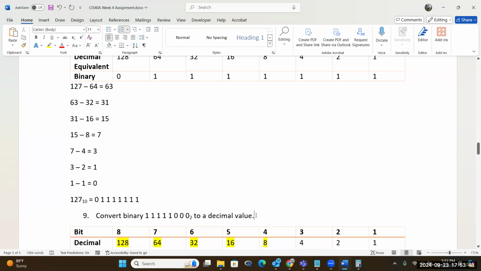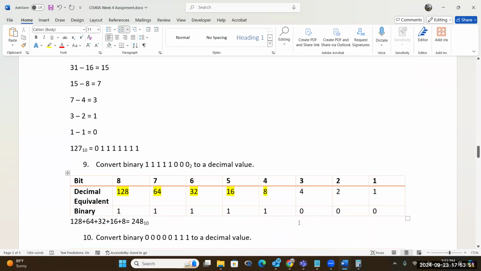Okay. So you start with the same scale. But when you go from decimal to binary, we subtract, and when you're going from binary to decimal, we add. So you start with the same scale that's multiples of 2, starting from the right, which is 1. Then you put the binary value into that scale, for all the placements of the bits.